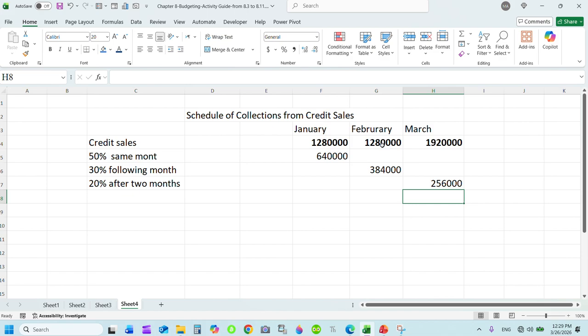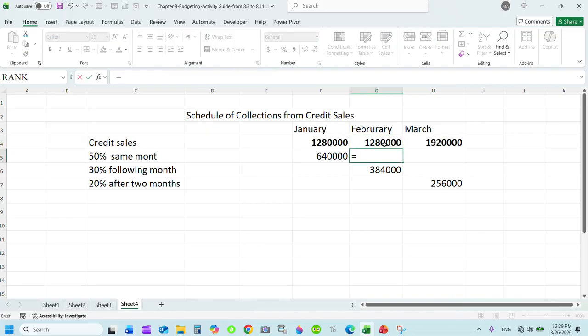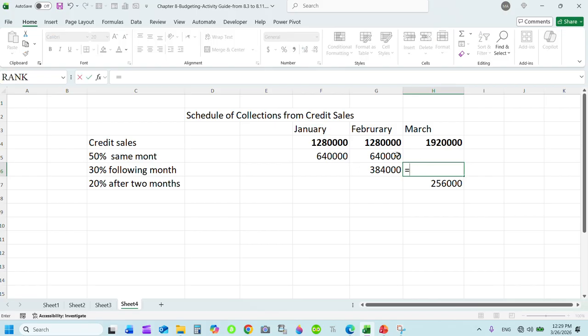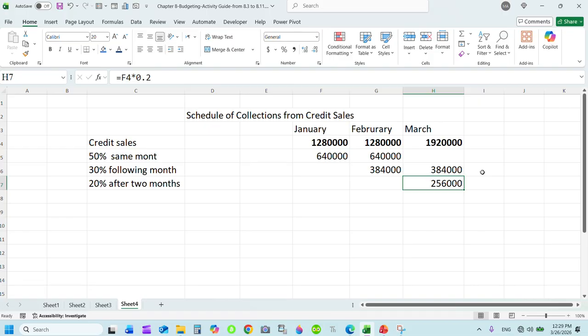And when it comes to this 1,280,000, again 50% will be collected same month, and 30% will be collected in the following month, and the balance will be collected somewhere in April, right?